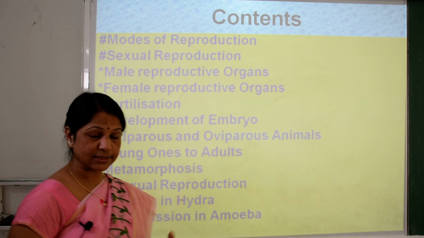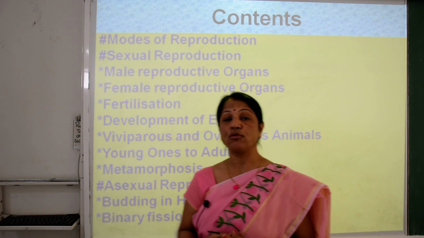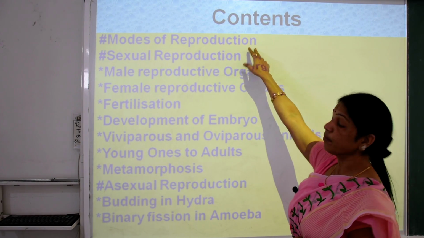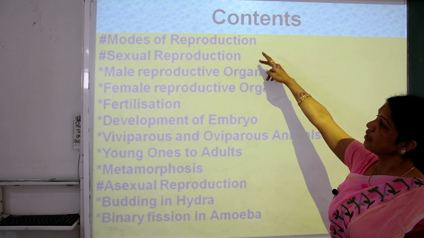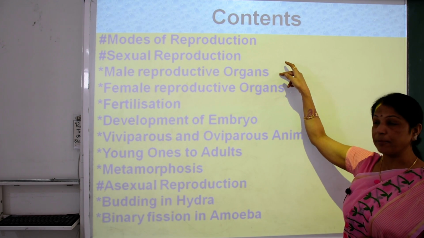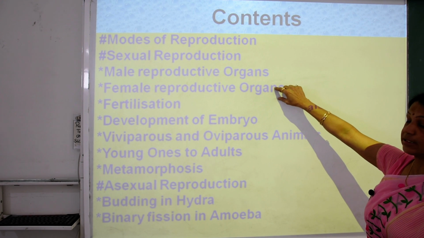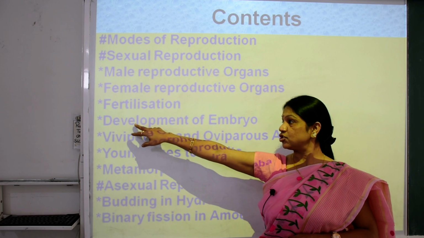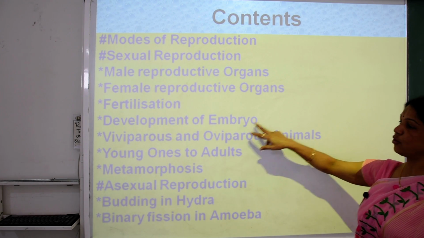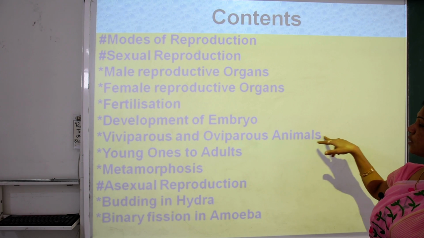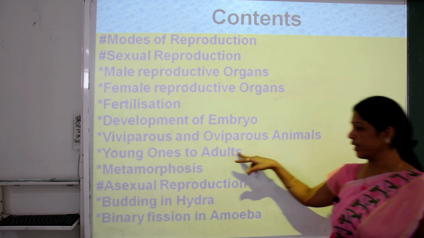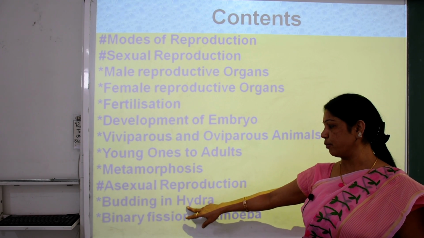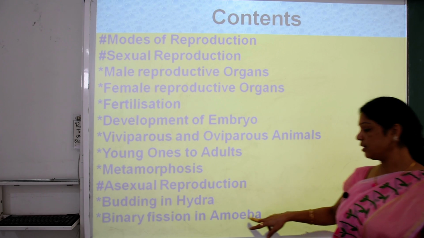So today it was the introduction, now let us see what we have today. Let us proceed. The contents are: modes of reproduction, sexual reproduction, male reproductive organs, female reproductive organs, fertilization, development of the embryo, viviparous and oviparous animals, young ones to adults, metamorphosis, asexual reproduction, budding in hydra, and binary fission in amoeba.